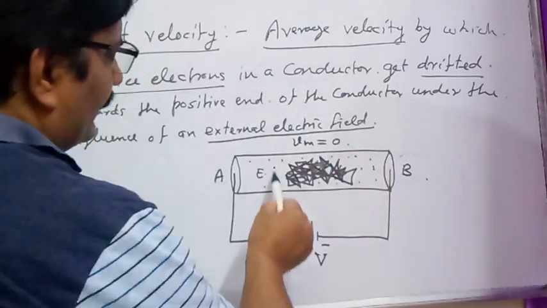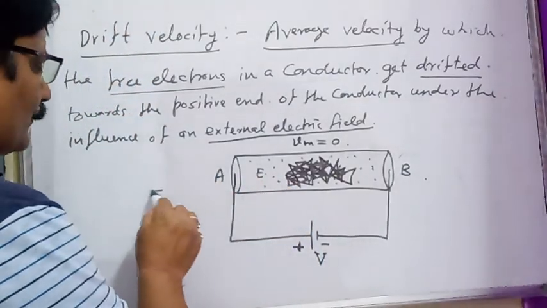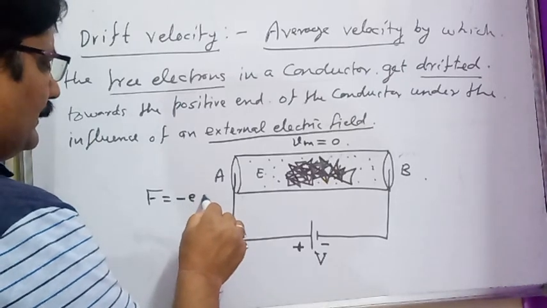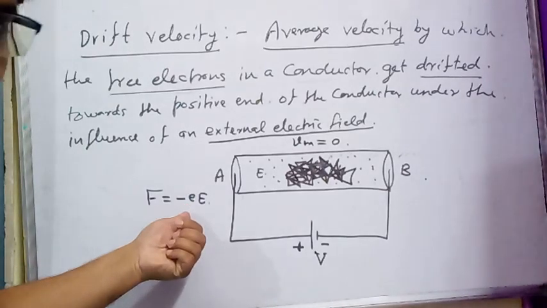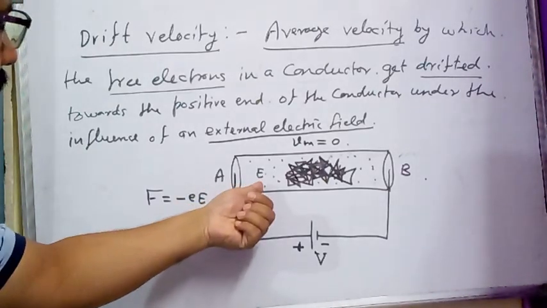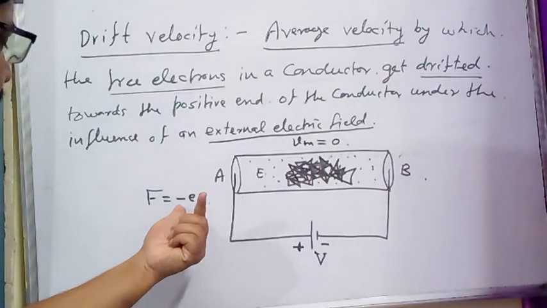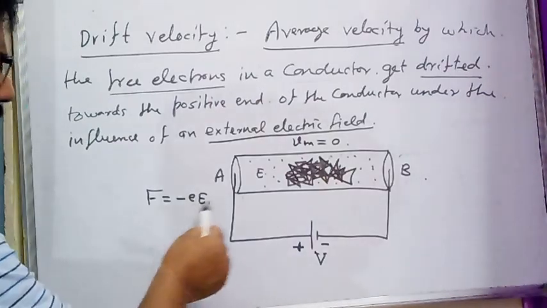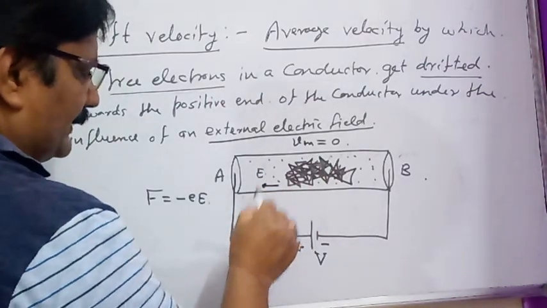And what this electric field does, this electric field provides a net force F equal to minus e times E, where e is the charge of the electron and capital E is the electric field. The negative sign of the force indicates that the direction of the force acting on the free electron inside this conductor is opposite to the direction of the electric field.